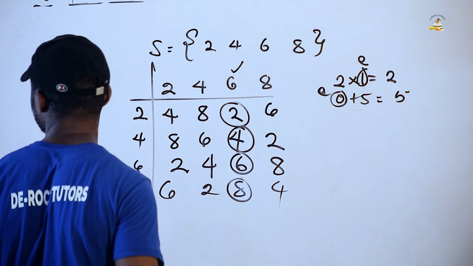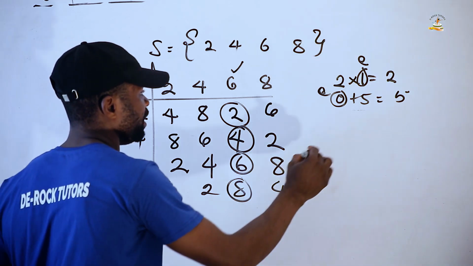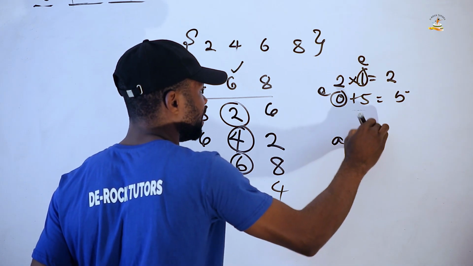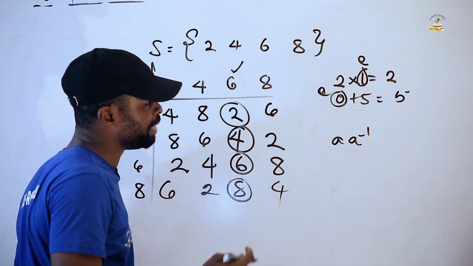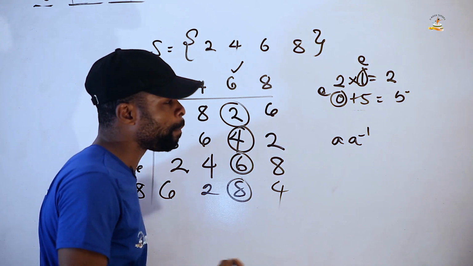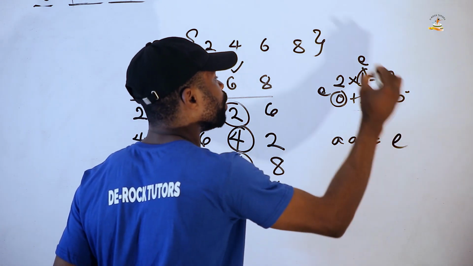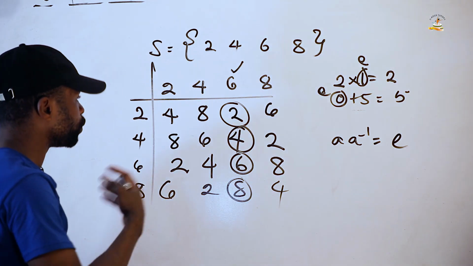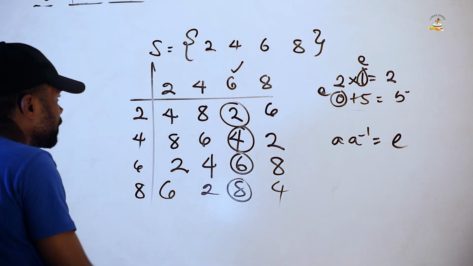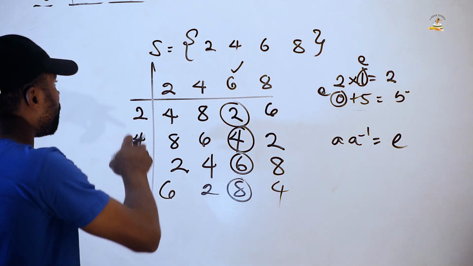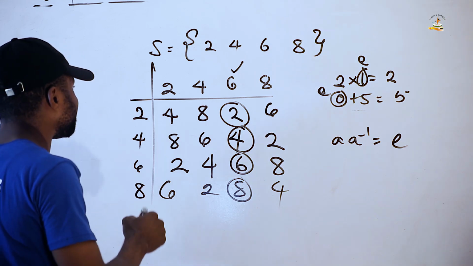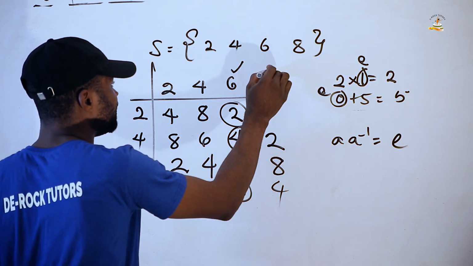We proceed to obtain the inverse. The inverse of an element A is given as A inverse. And when an element and its inverse are operating together, the expected result is E. So we now look at which of these numbers we operate to get 6. If you operate 2 and 8, the result is 6, meaning that the inverse of 2 is 8.